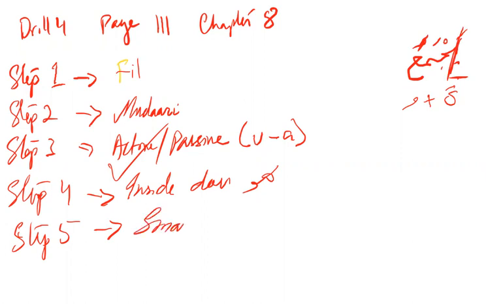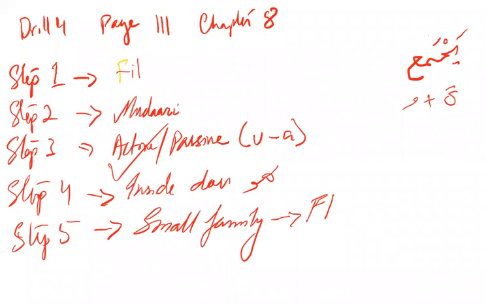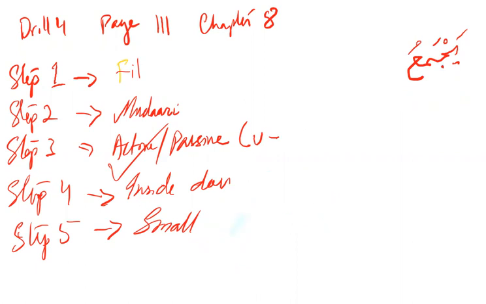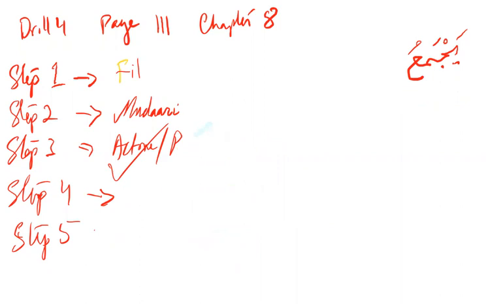So this is small family. What is the number? F1. Yes. Okay, yajma'u. Now what we need to do is make it into passive.